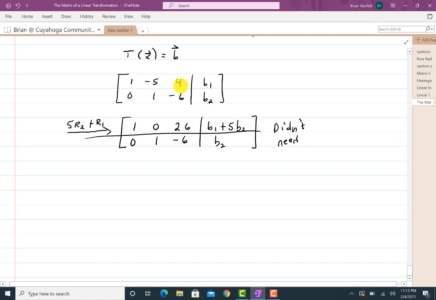Instead, this is good enough for me, because right here I have x1 equals 5x2 minus 4x3 plus b1, and x2 equals b2 plus 6x3. So yes, I'll be able to find numbers for x1 and x2 for which this is true. So T is onto.